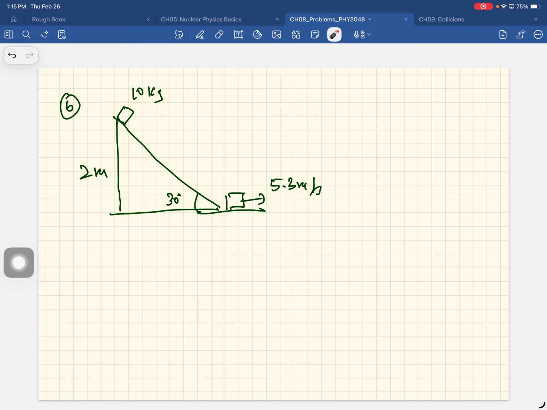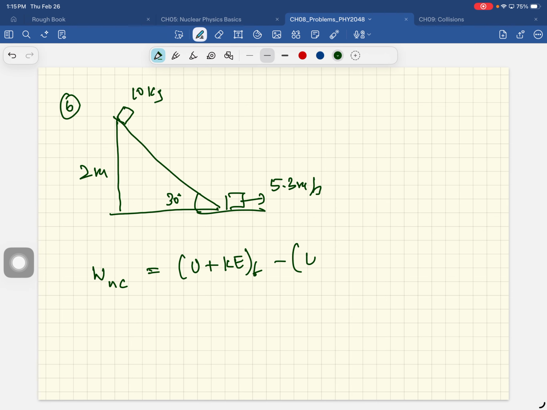All right, so work done by non-conservative forces, which is the friction force, is equal to change in mechanical energy. It starts off at rest.